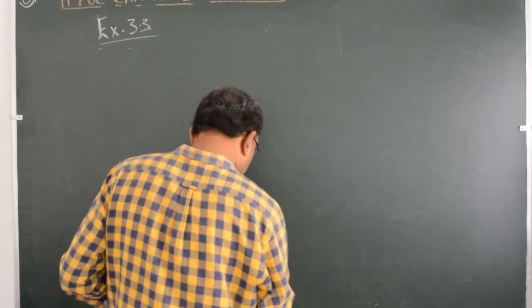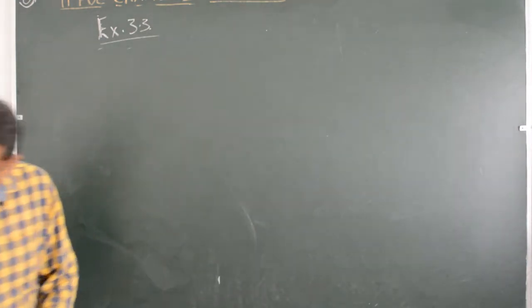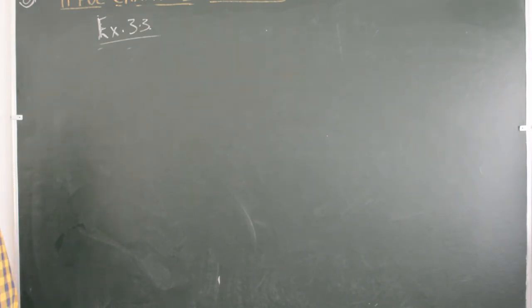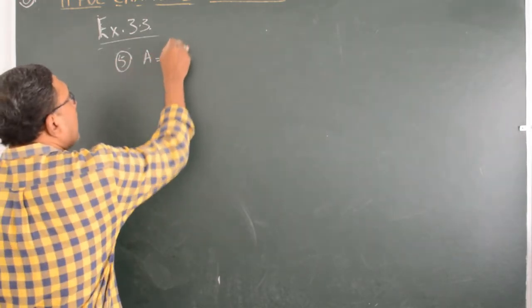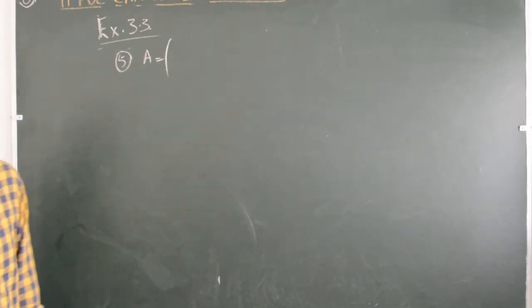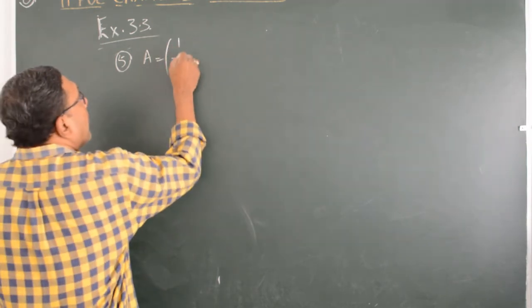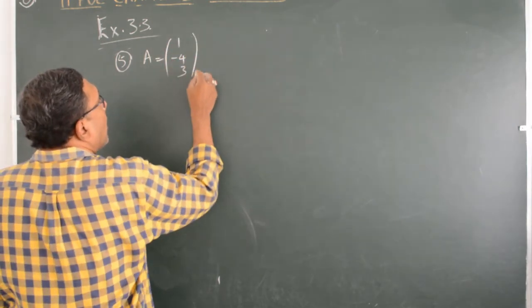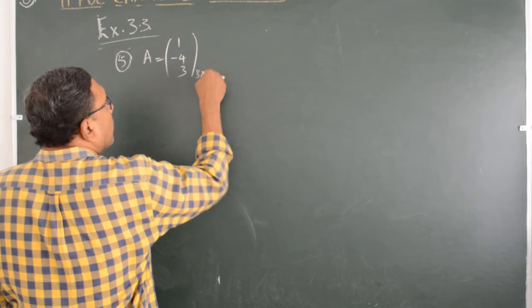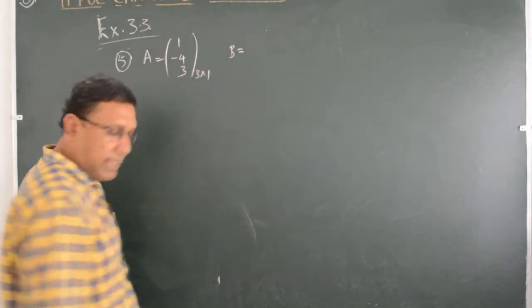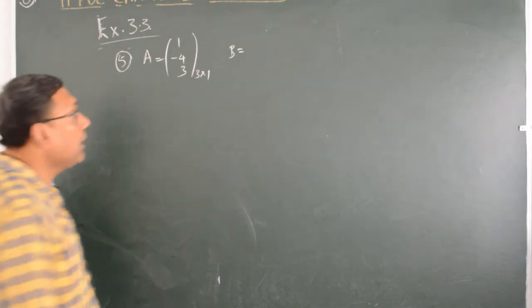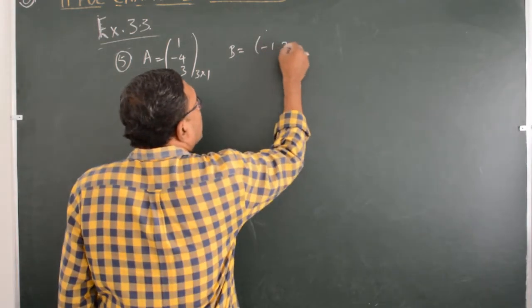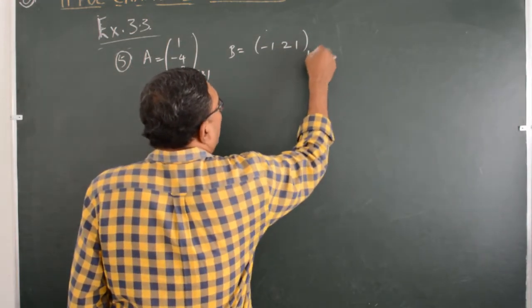It is given a multiplication problem only. In 5, A is given as a column matrix 1 minus 4 3, which is of order 3 rows and 1 column, and B is given a matrix of minus 1 2 1, which is 1 row 3 columns.